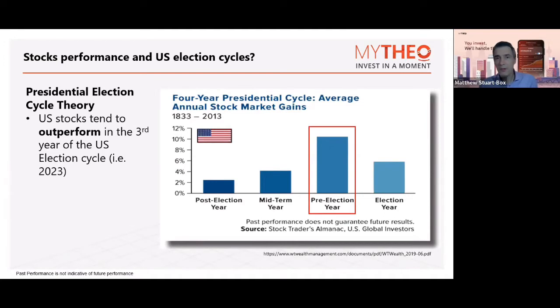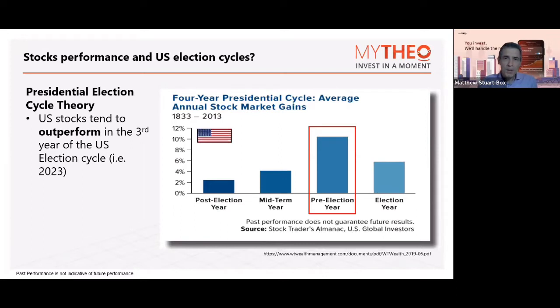It shows the average return of the S&P in each of those years of the cycle. You can see year 3, labeled here as the pre-election year, the year before the presidential election, is a year in which the S&P tends to do pretty well, just over 10% average return.